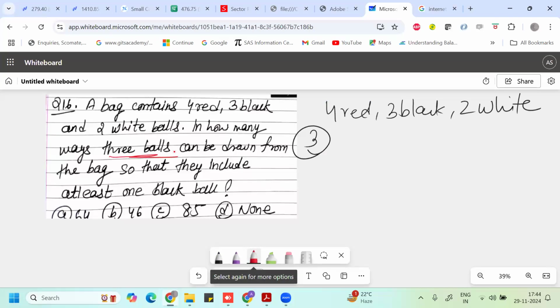The condition is that they include at least one black ball. So I want to withdraw 3 balls, but there should be at least one black ball. One black, and for the other two, out of the 4 red and 2 white, which is 6 balls, you take any 2 balls.